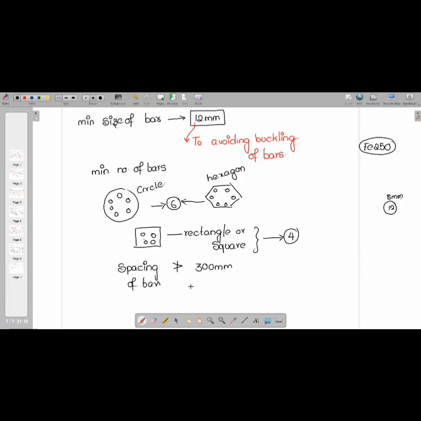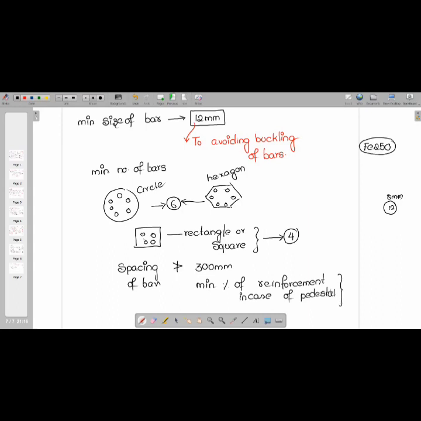If they ask you what is the minimum percentage of longitudinal reinforcement, they can ask you this also. The minimum percentage of reinforcement in case of pedestal.